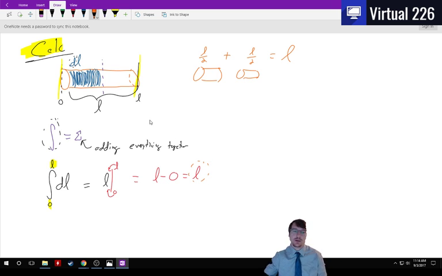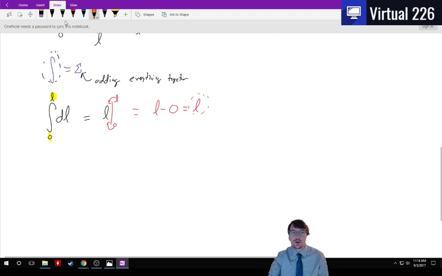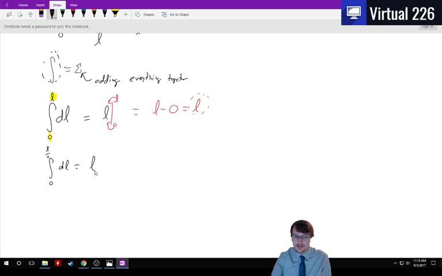Way to go. If we wanted to change how our boundaries look, maybe I only want to get half of the pumpkin roll back, so I can take an integrand from 0 to L over 2 of dl. If I did that, I'm going to integrate this. It's just going to move up to L. I'm going to have my boundaries, which go from 0 to L over 2. And when I put in my quantities, I'm going to get the upper, L over 2, minus the lower.